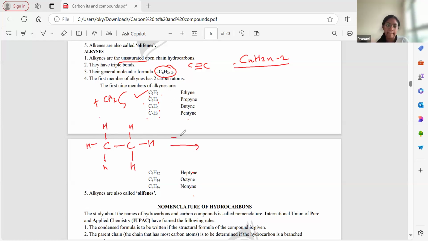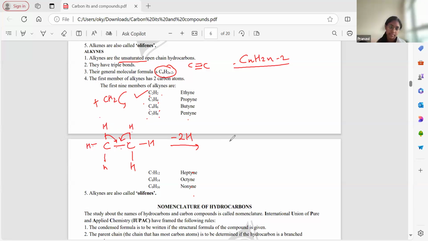Now from here, if 2 hydrogens are removed, 1 electron shared from each will be given to form a bond between the carbons, and the hydrogens will form an H2 molecule and go.